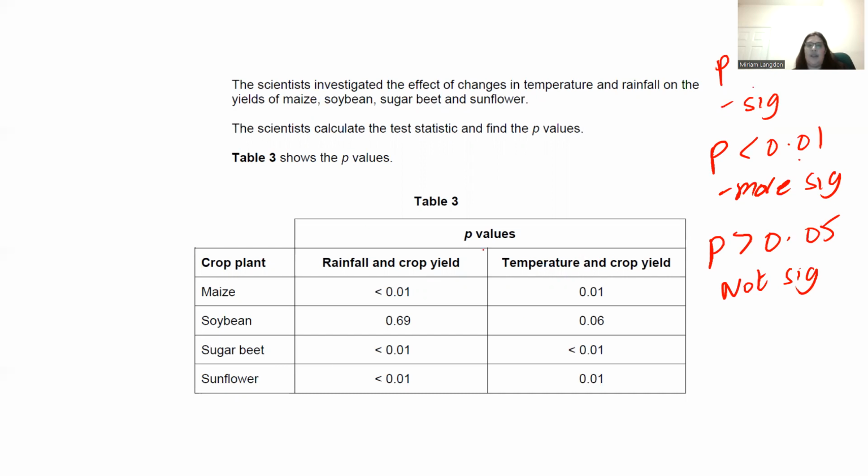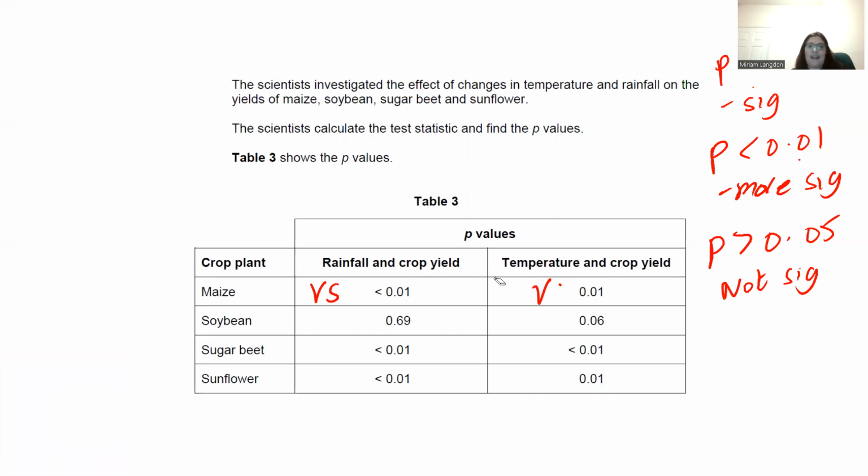So I would look at this table and I would just jot down, even before I got to the exam questions, what we're seeing. We can see straight away that that one is very significant. So I'll call it VS. That one is also very significant. This one, 0.01, is significant, not quite as significant as less than 0.01.